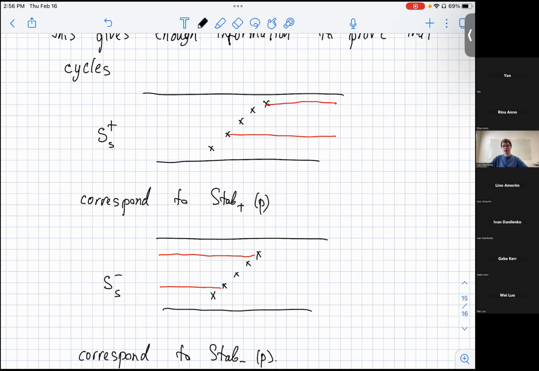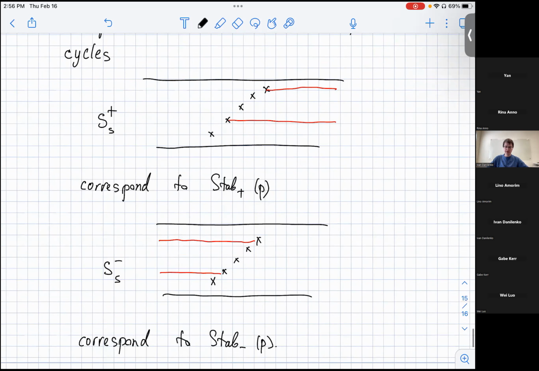Maybe one last remark. When we prove the categorical equivalence, and once again, it's a project with Mina and co-authors, we can say that the cycles I drew here are certain Lagrangians. So they're well-defined objects in the Fukaya category.